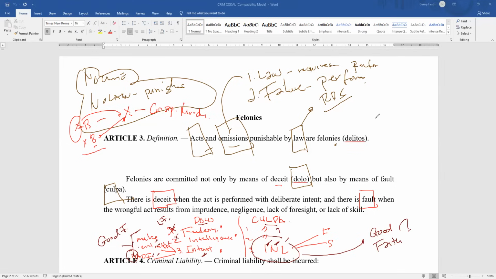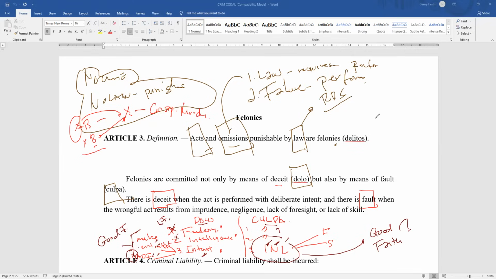Okay? Tama ba yun? A person may be acting in good faith, but he can be negligent. A person has no intention to kill another person, no? To run over a particular pedestrian. But he is negligent. How do you say he's negligent? He is overspeeding. The speed limit is 25. And this is driving around at 35 kilometers per hour.